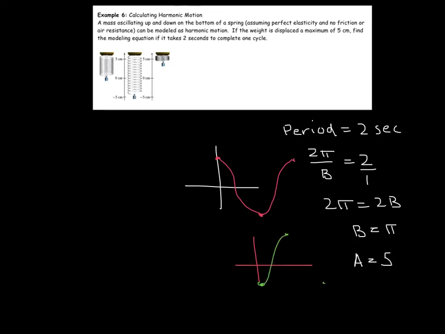So there is your reflected cosine, or negative cosine. I'm going to write it this way: the height of the spring at any time t is going to be negative 5 cosine of pi t, because b is pi, and that is your answer.